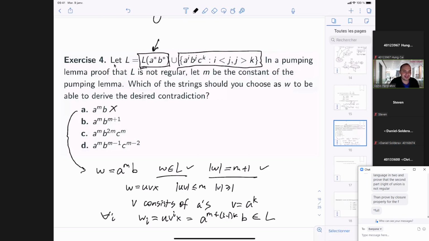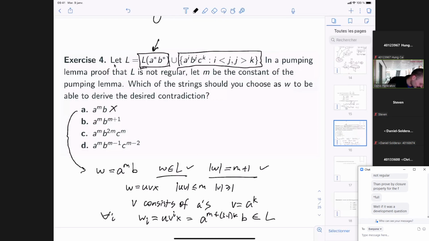But it's a multiple choice question. You need to pick one of the answers. And the answer proved by closure properties is not among the 4 options given to you. So we need to continue with the investigation.